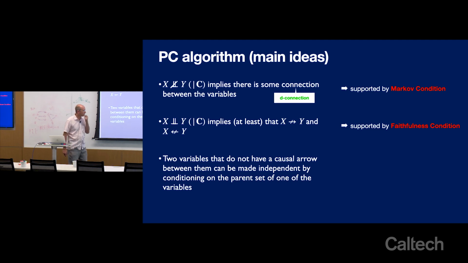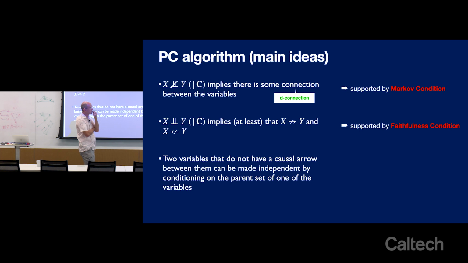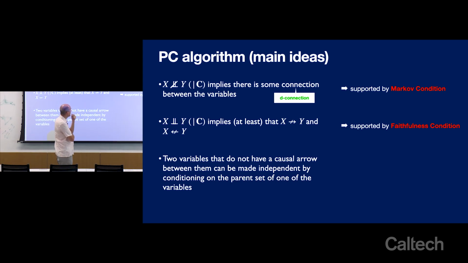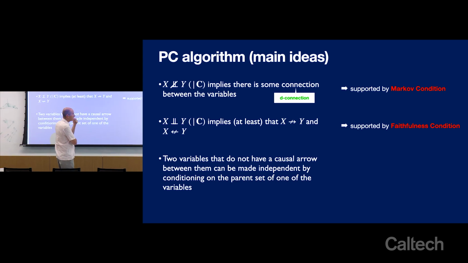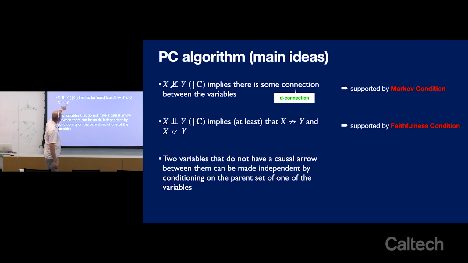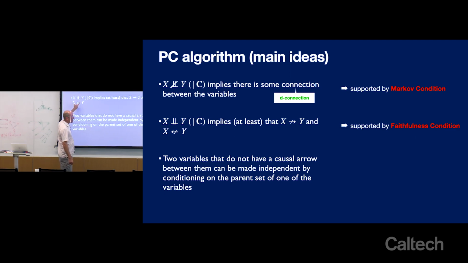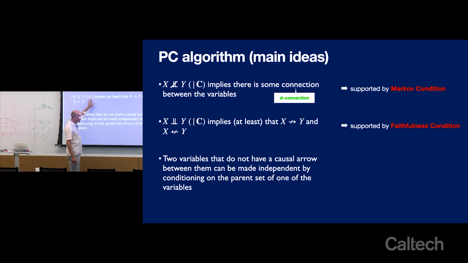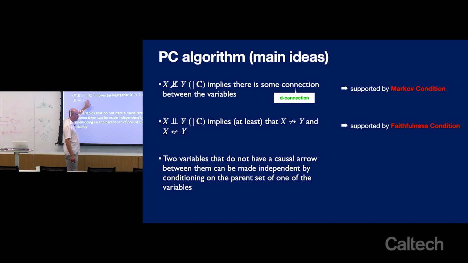Yeah? Yeah, here the condition means for all conditions, or any condition. It means that if I find some independence between x and y, possibly conditional on some other set of variables, then I'm sure that there won't be these arrows between them, right?